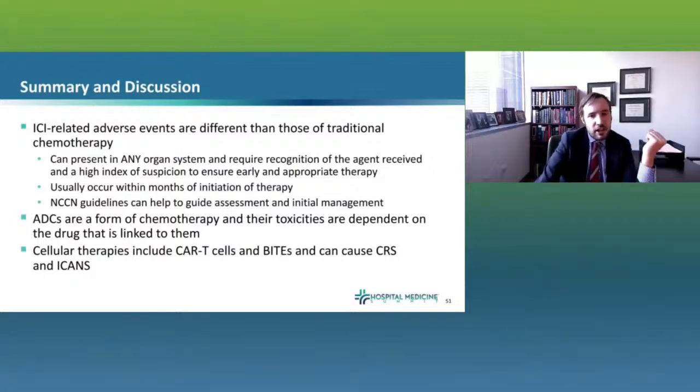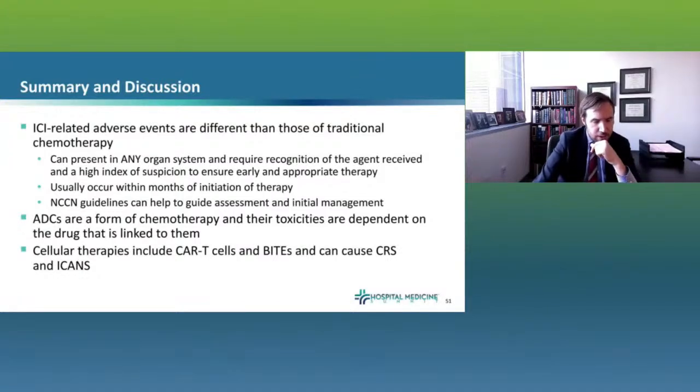Some people will say, oh, it's not chemotherapy. It is. It's chemotherapy attached to an antibody. So yes, you may have some diminished side effect profile, but nevertheless, you still do have toxicity, particularly dependent on the drug, the payload attached to the antibody, as we talked about with the ILD/pneumonitis for Enhertu or trastuzumab deruxtecan.